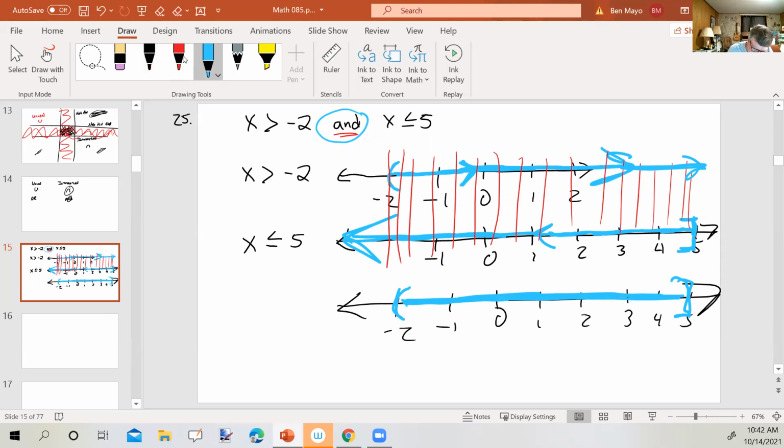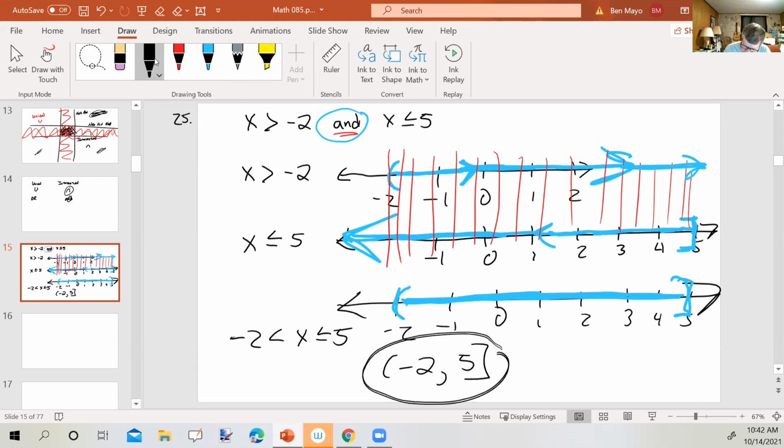So that means what? We've got -2 less than x less than or equal to 5. And in interval notation that would look like this. Okay. So we've solved it.